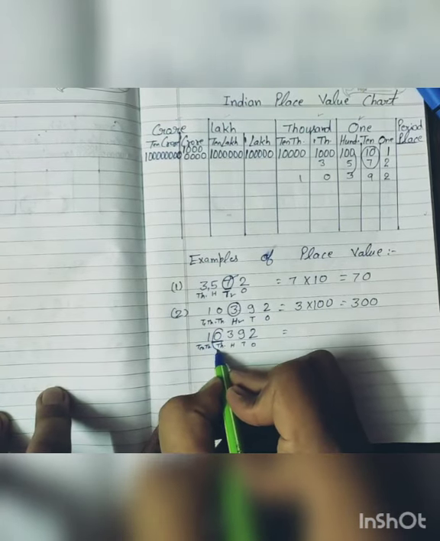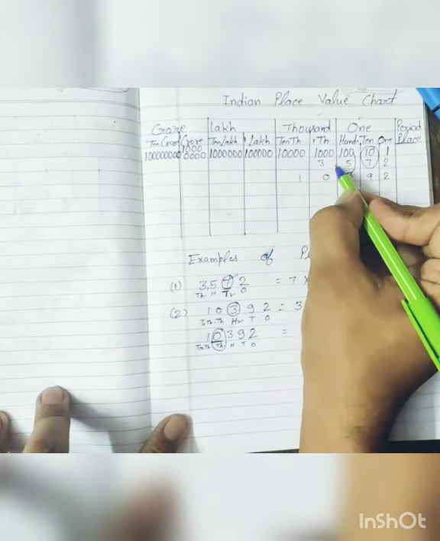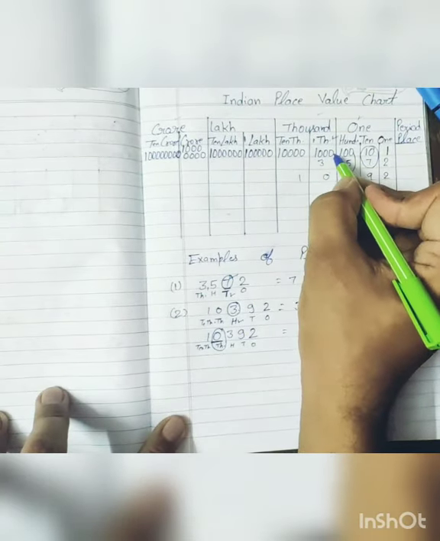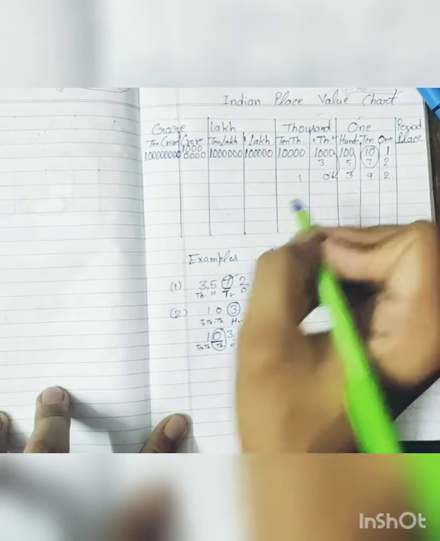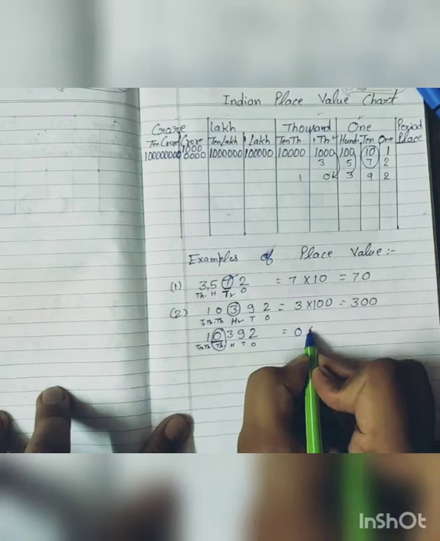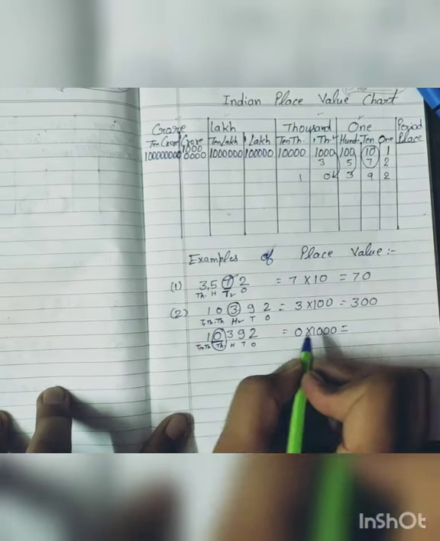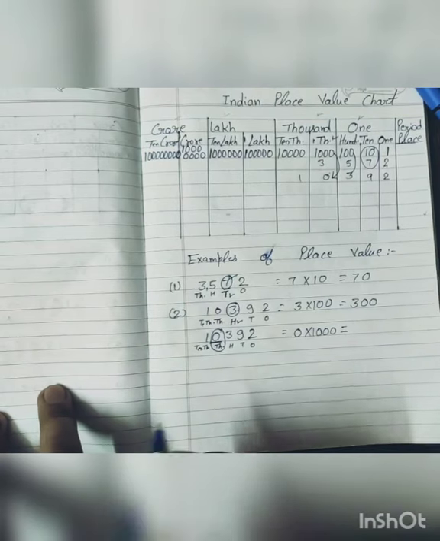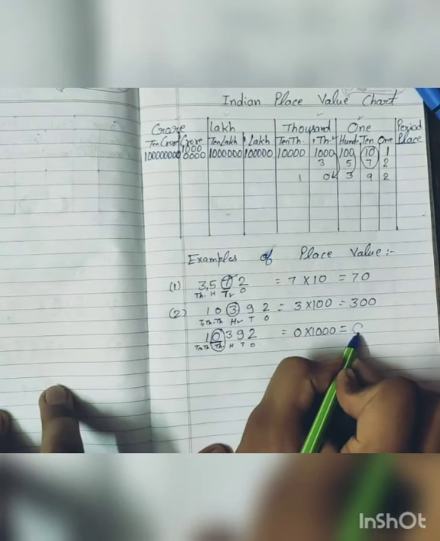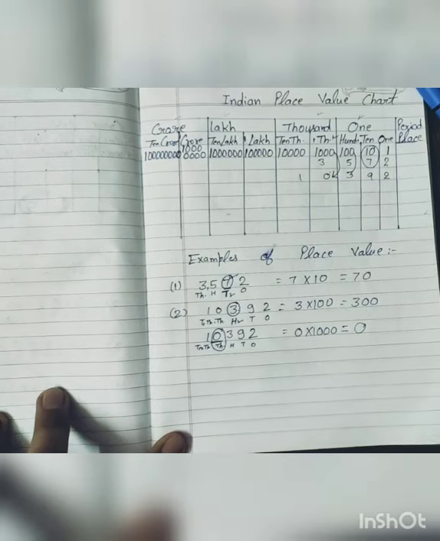So 0 is on the 1000 place. Again you can check here, 0 is placed on the 1000 place, meaning we multiply this 0 by 1000. So 0 into 1000, and when we multiply or divide 0 by any number, it will remain 0. Clear? I think you can solve it.